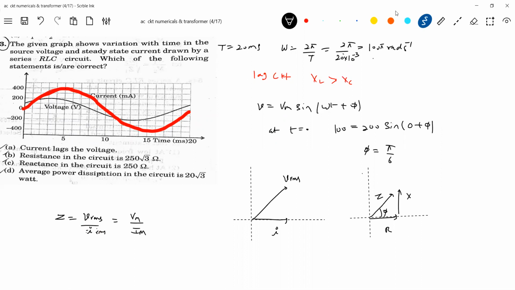Then if I know impedance, can I find R? R is Z cos phi. And what about reactance? Z sin phi. And after this, what is the average power dissipated? It should be equal to VRMS, IRMS, cos phi, any of the formulas.